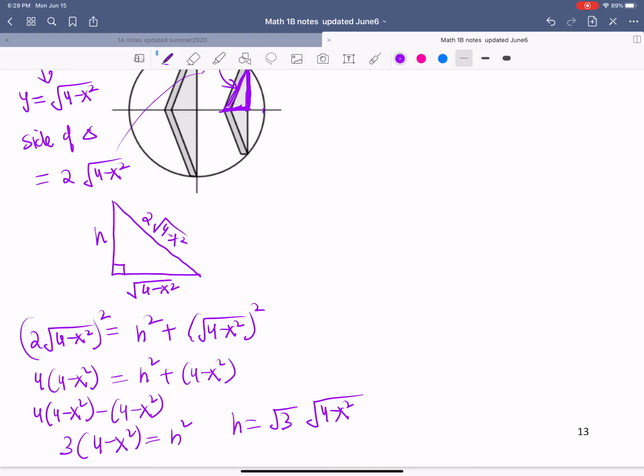That's what the height would turn out to be. When we take the square root, the square root and the square cancel here.